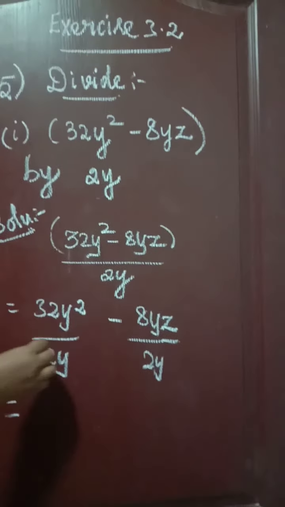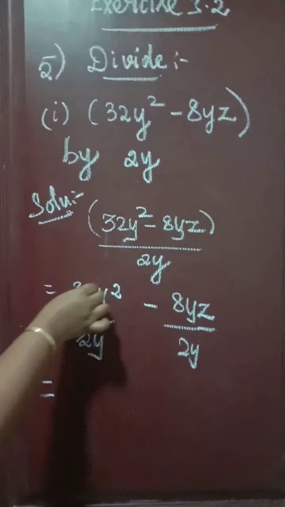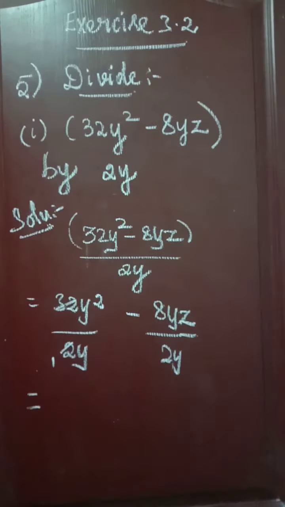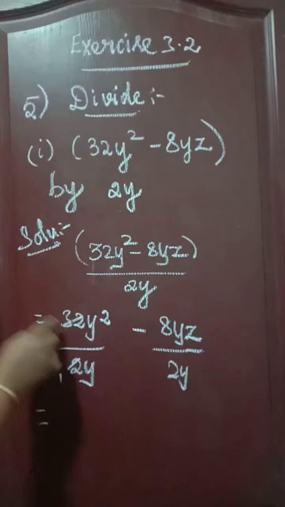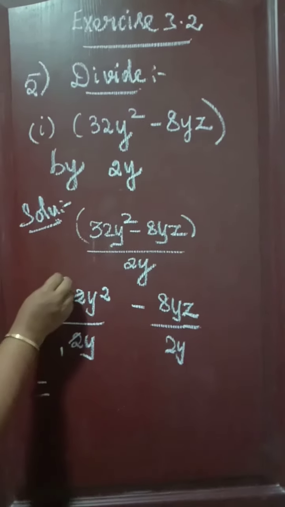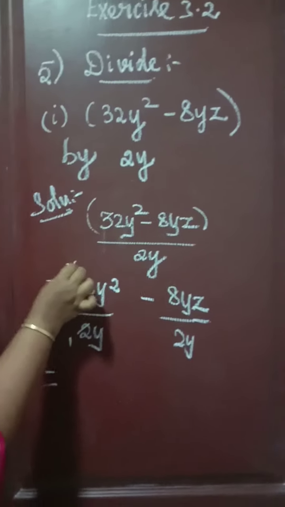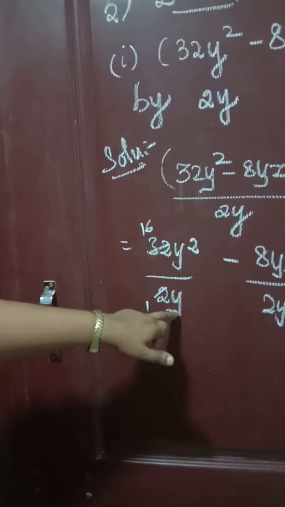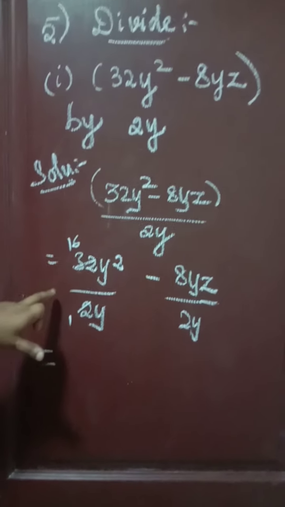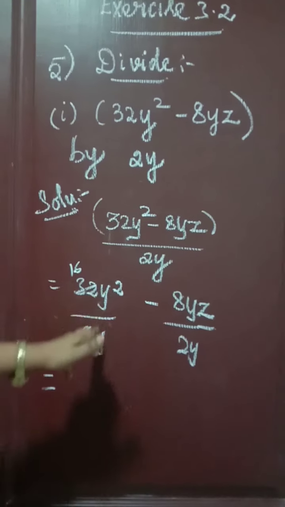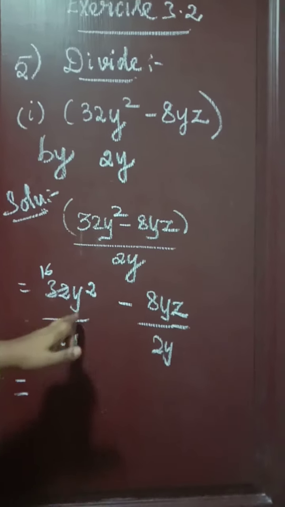So listen. Here 2, here 32. These two numbers are divisible by 2. 2 ones are 2. How many 2s in 32? Yes, 16. 2 16s are 32. So this place 16. Here y squared by y. In division, if the same variable, what is this called?